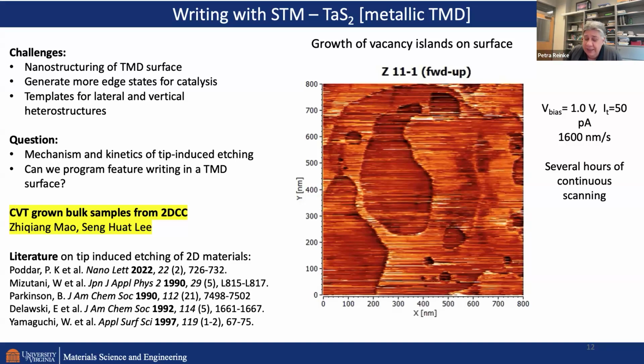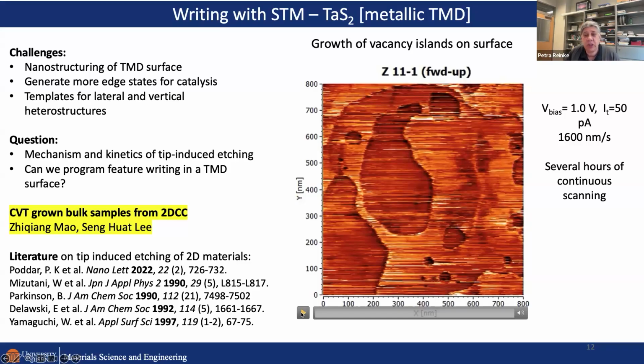We don't have an answer whether this is possible, but we do think that tip-induced writing could be a way to go there. So the first thing is, can we even deterministically write any structures here?